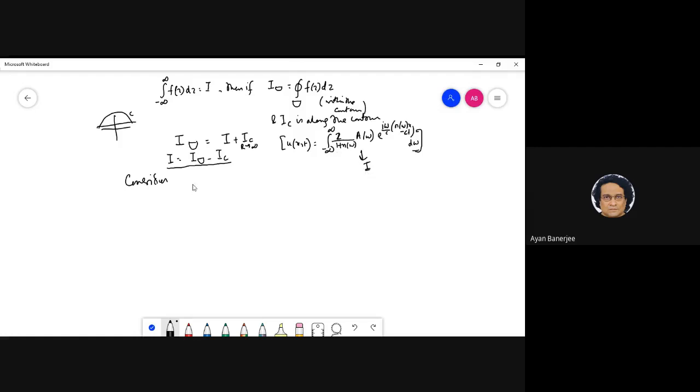If we think of this along the contour, that is on the curve, remember that as mod omega tends to infinity, n(omega) tends to 1. This is clear from the dispersion curve. As omega tends to infinity, this goes to 0, n minus 1.